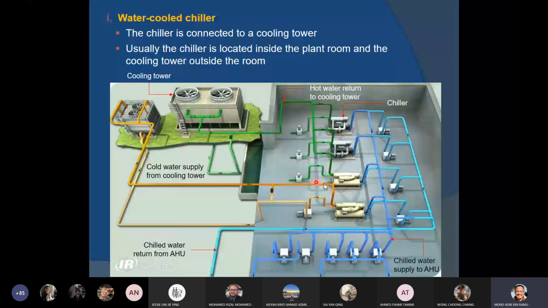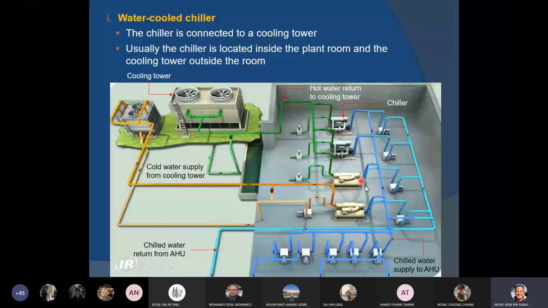And then you can see the pipes as well. As already mentioned here, there are chill water pipes, chill water supply, CHWS, supplied to the ASU, and at the same time you have chill water return, CHWR, from the ASU back into the chiller.